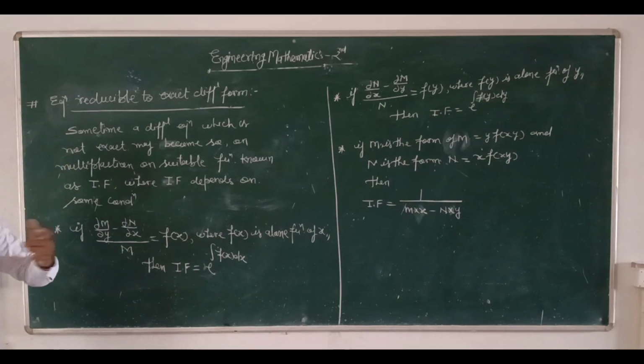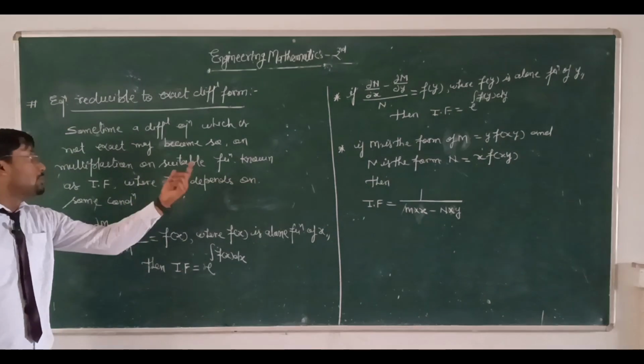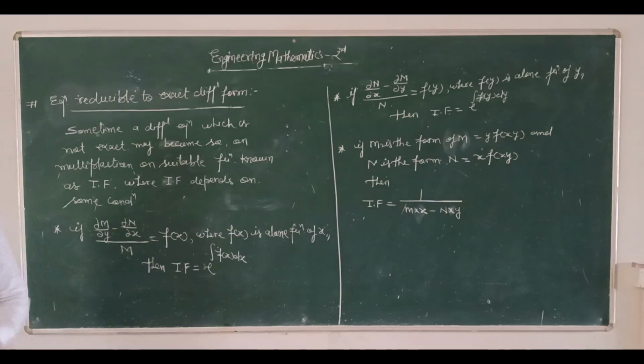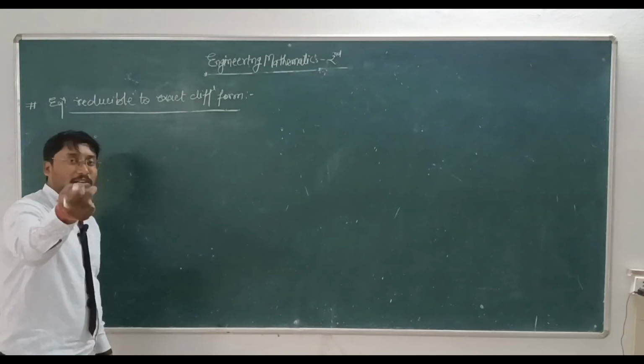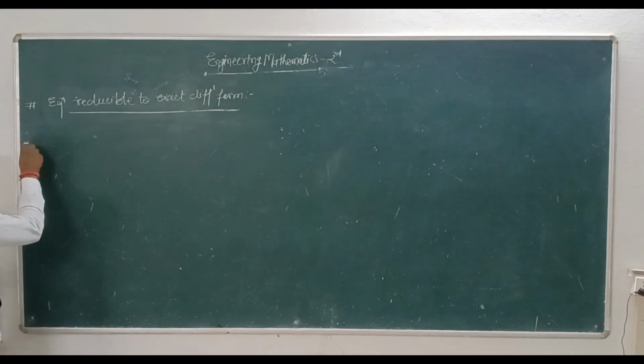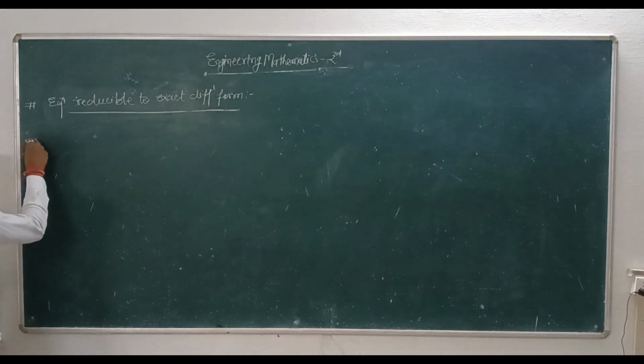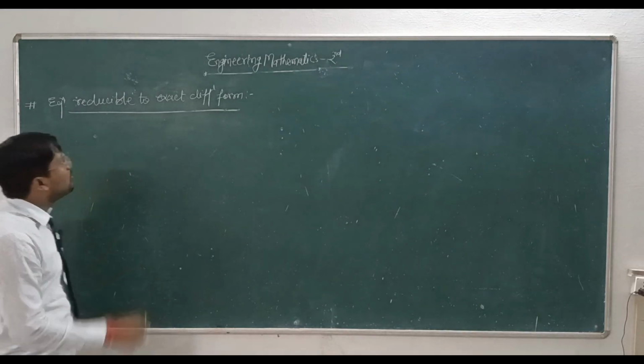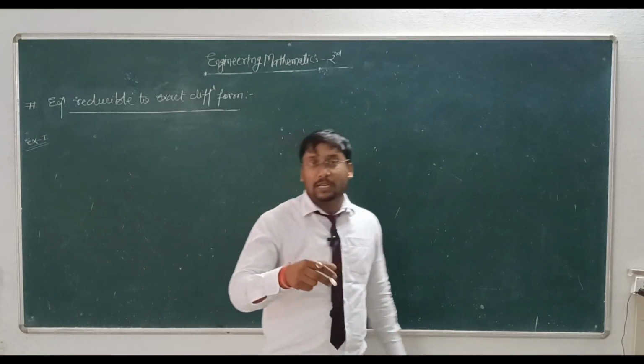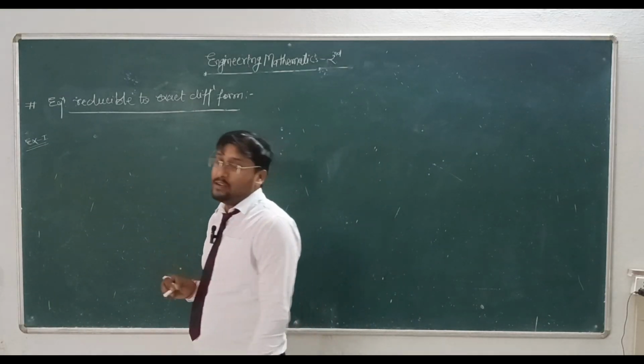Now I will continue with some numericals related to the three conditions. You can note down the first example, related to equations reducible to the exact differential equation, by the first condition.